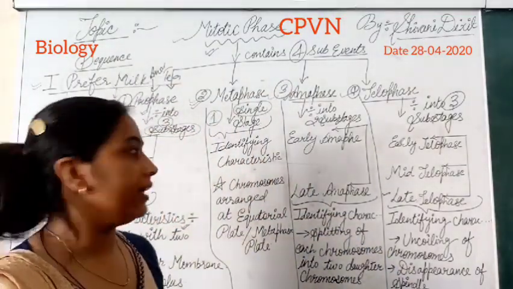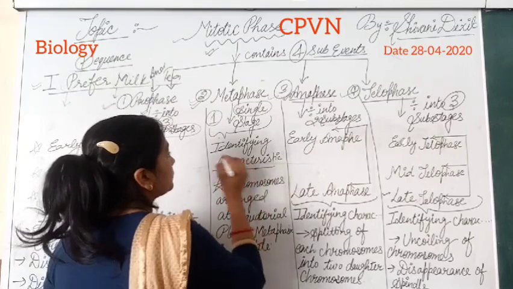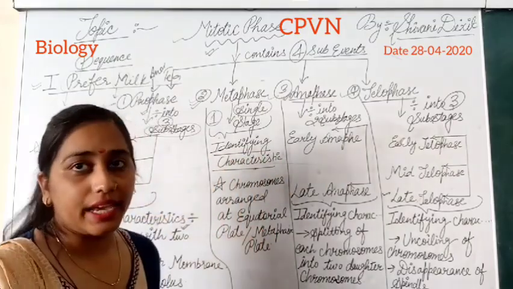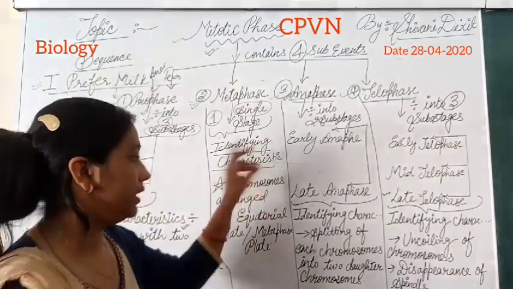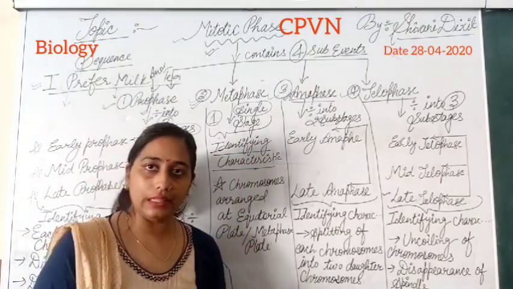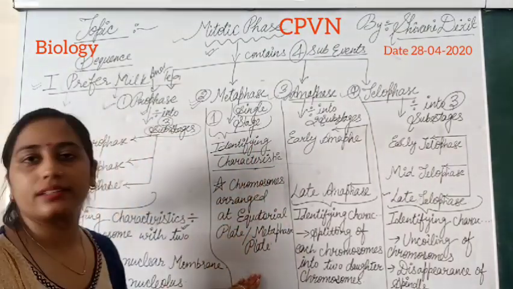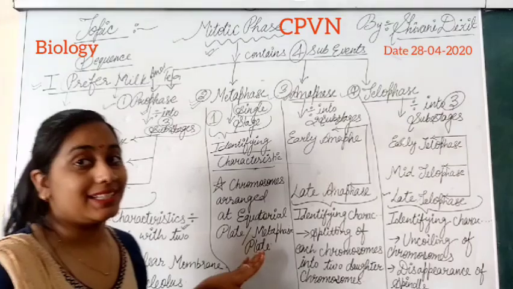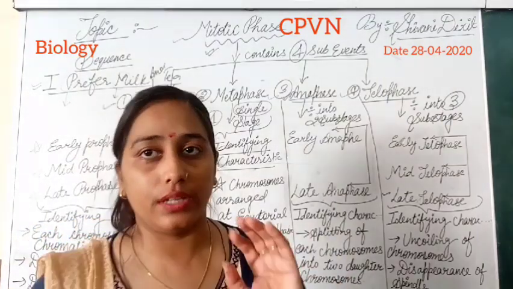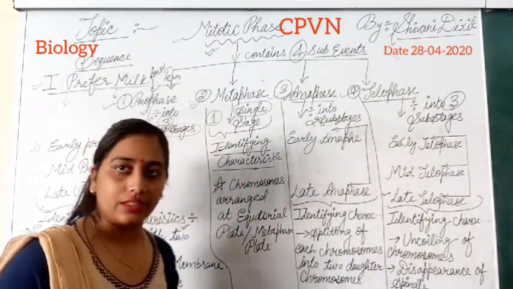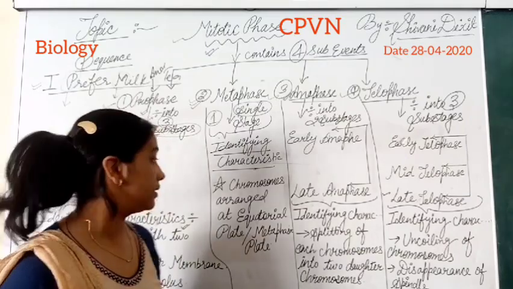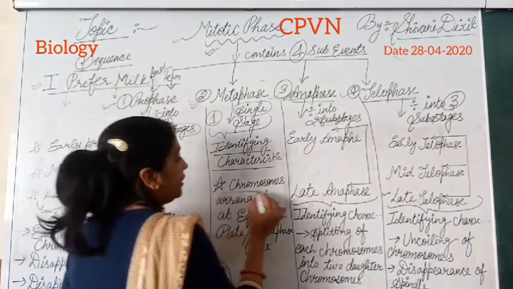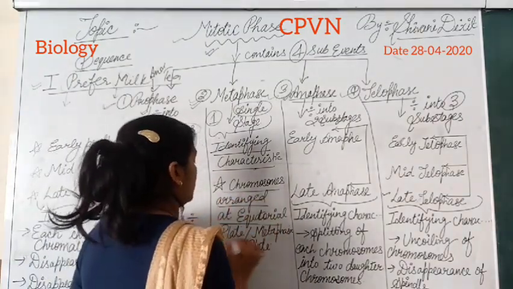Now come to the identifying characteristics of the metaphase. As I have told you, metaphase contains only a single stage, and in this stage only one characteristic you have to remember. It is a very important question. A number of times this metaphase stage has been asked in the board exams. So what is the identifying characteristic of this stage?